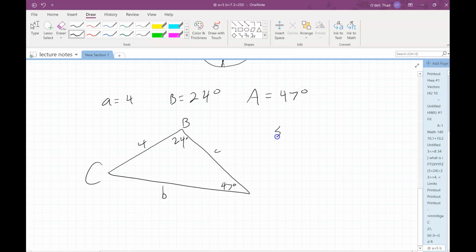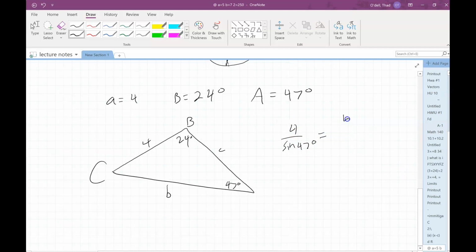So let's find b first. I'm going to put 4 on top. I'm going to say 4 over sine of 47 degrees is equal to b over sine of 24 degrees, which means 4 sine 24 over sine of 47 is equal to b.